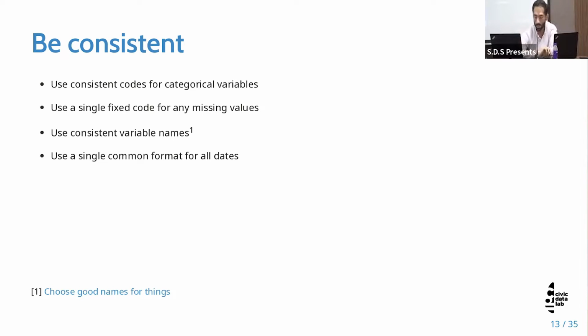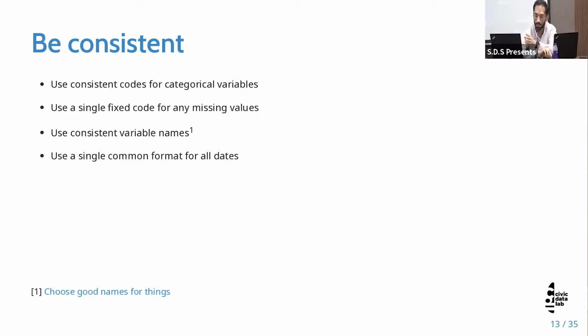Use consistent codes for categorical variables, which basically means that if you have a gender column and if you have male, female, you should use male, female across the file, and it should not be male, female, then M and F, so the code should be consistent. For missing values, it can be NA, it can be 0, it can be -99, but whatever it is, it should be consistent.